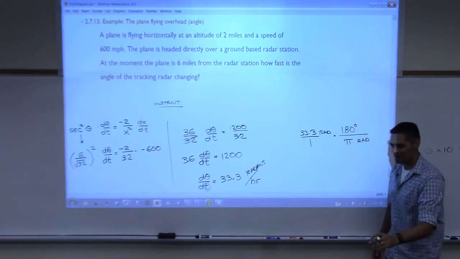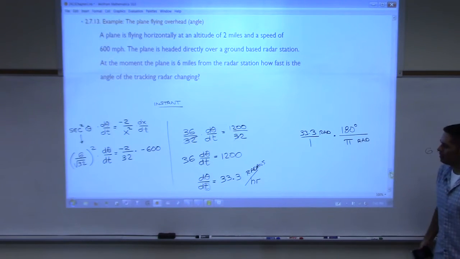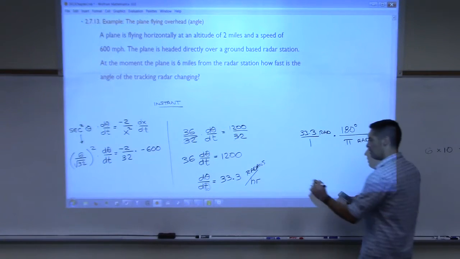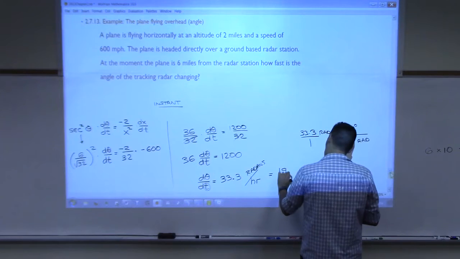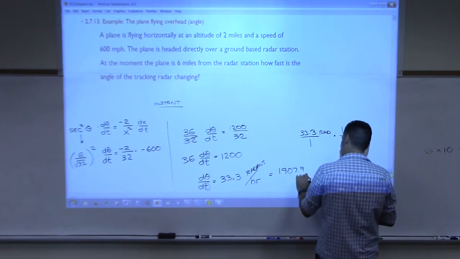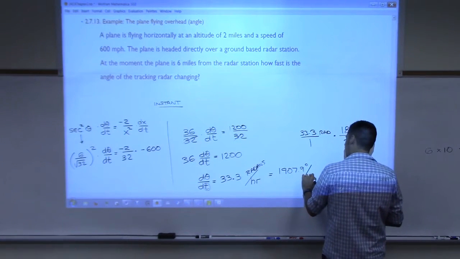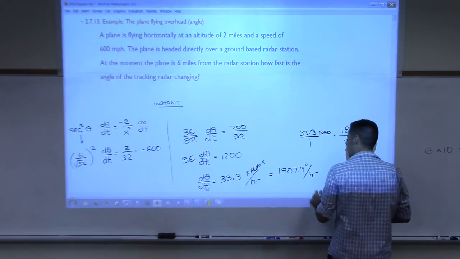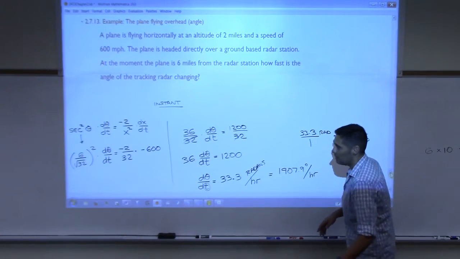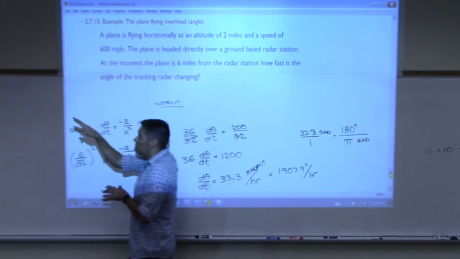No one is going to do me the favor? All right, I guess I'll have to do it. 100 over 3 times 180 divided by pi is 1,907.9 degrees per hour.